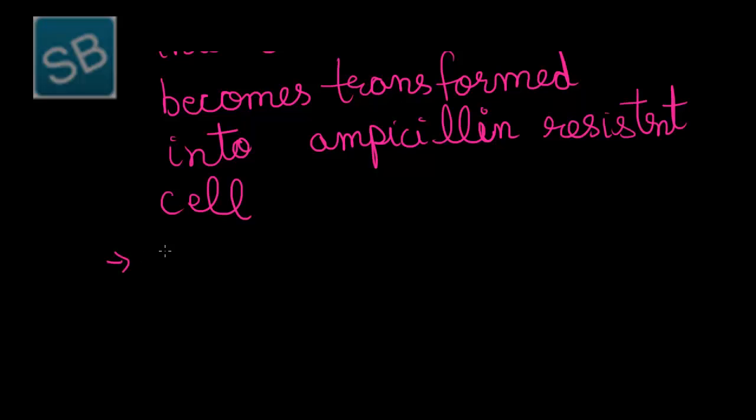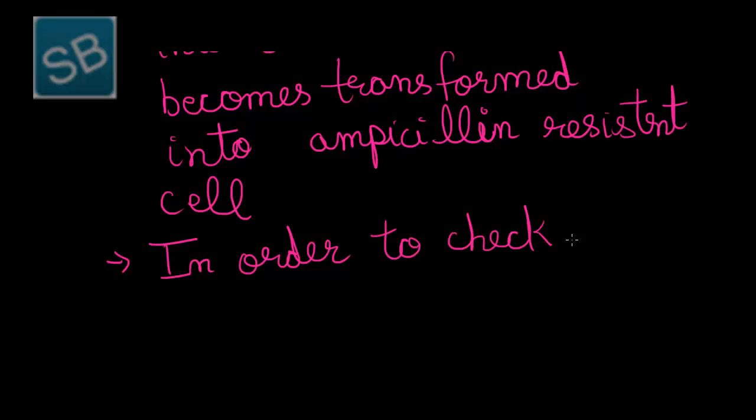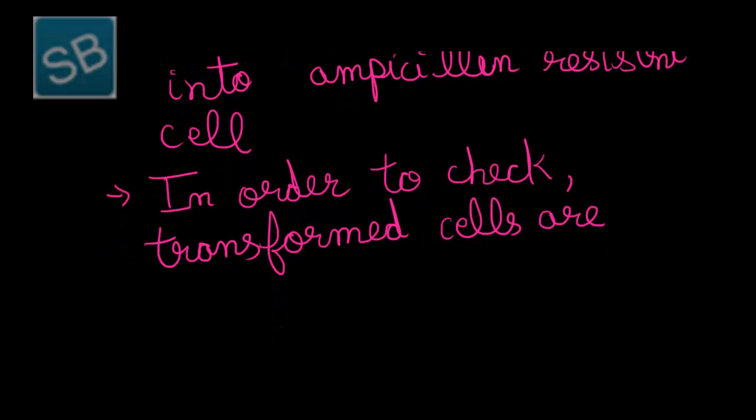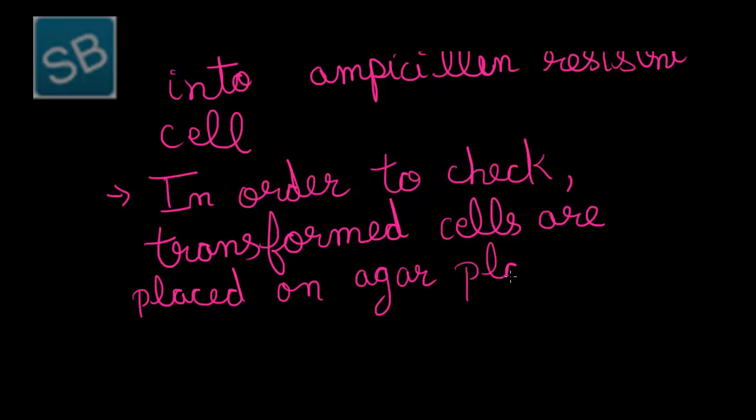That is, in order to check whether the process of transformation has been executed or not, the transformed cells, that is the cells on which such transformation process has been executed, are placed on agar plates that contain the antibiotic ampicillin.